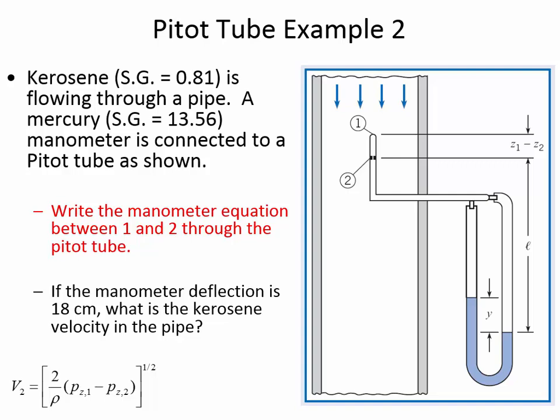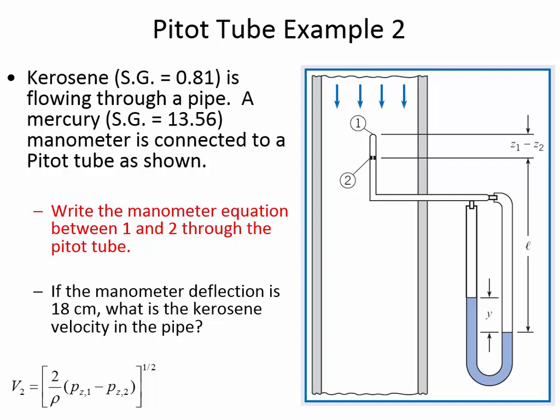We have the pressure at 1 plus, now we're going to be going down through the inside of the tube, and part of the time it's going to be kerosene, and part of the time it's going to be mercury. And so we're going to have two different unit weights. I'm going to call one the unit weight of kero, meaning kerosene, and the other the unit weight of Hg, which is the abbreviation for mercury.